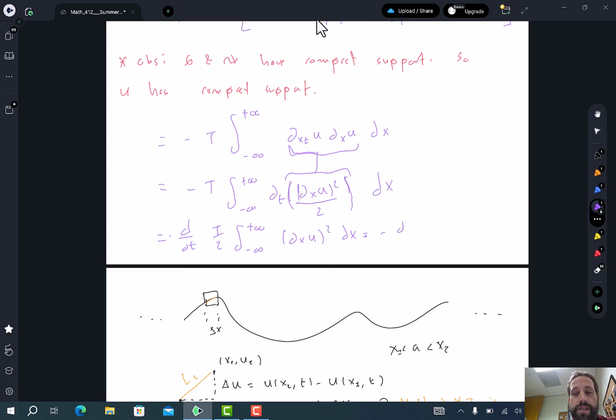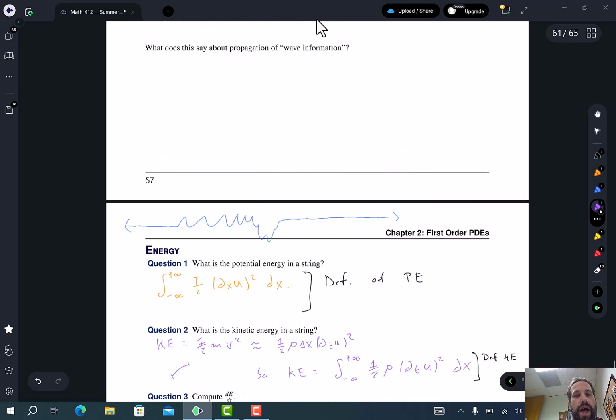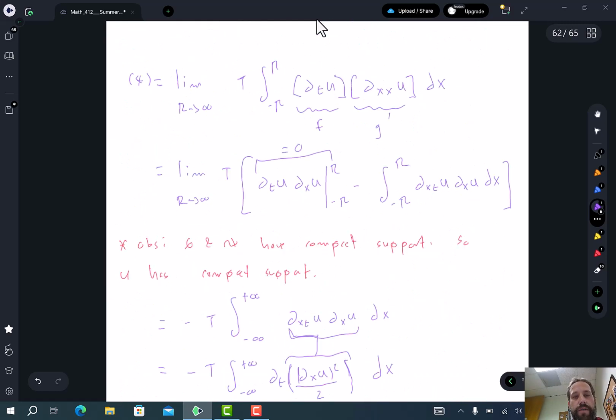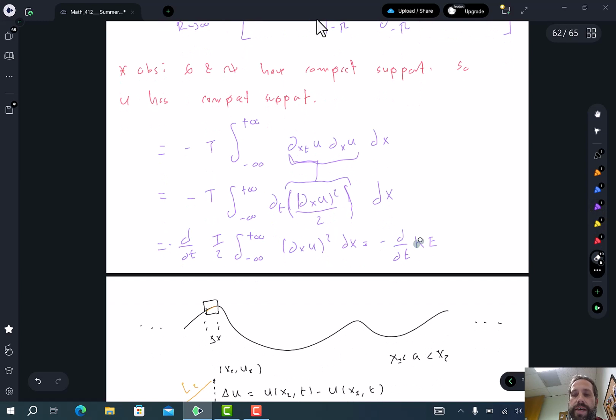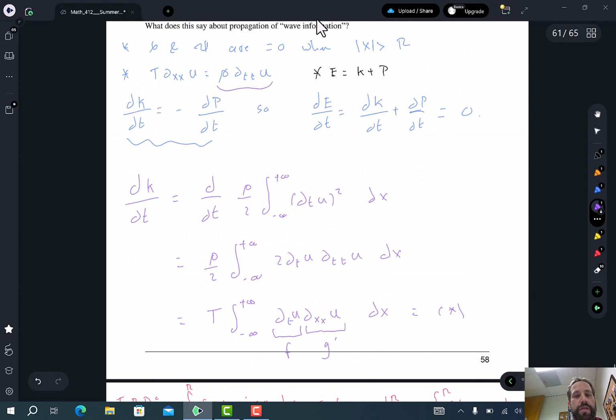So this is minus the derivative with respect to t of potential energy. I said kinetic energy, but I meant potential energy. So this is minus the derivative of potential energy, and up here, this is the derivative of kinetic energy. In other words, the derivative of kinetic energy is equal to minus the derivative of potential energy, which is exactly what I said I would prove there.